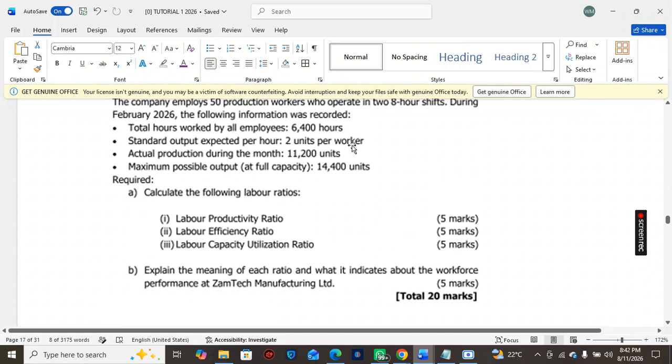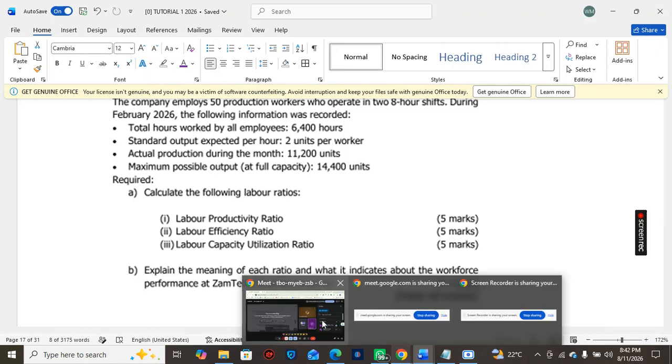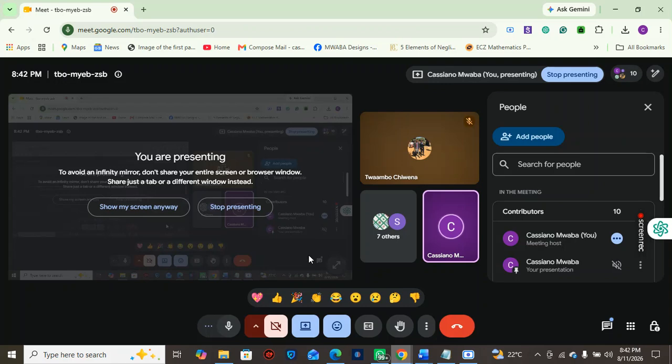We are on 1.7 units per hour. If you are the production manager, what would you say to your workforce if you found out they're producing less than expected?